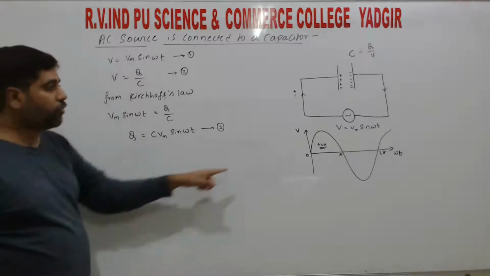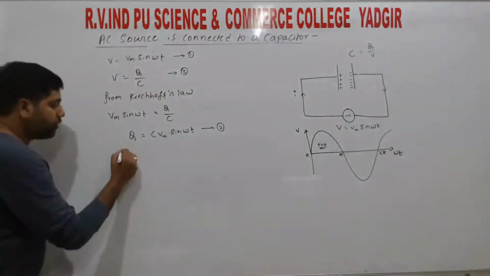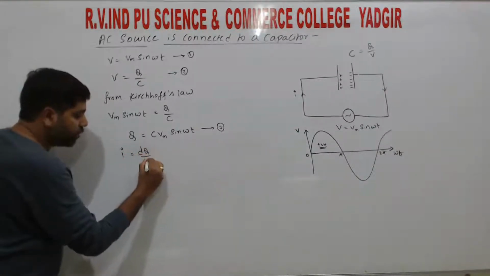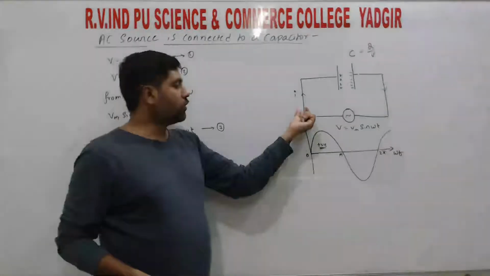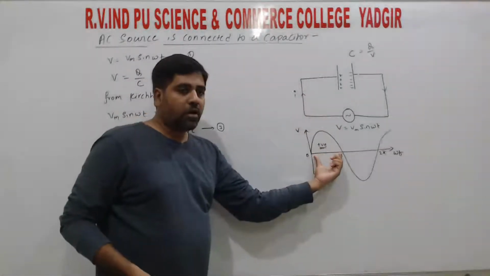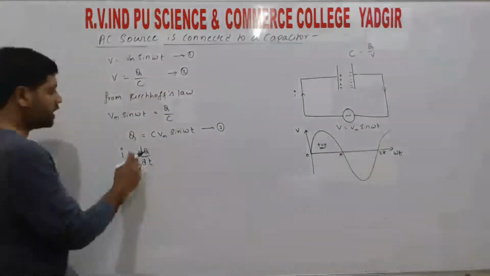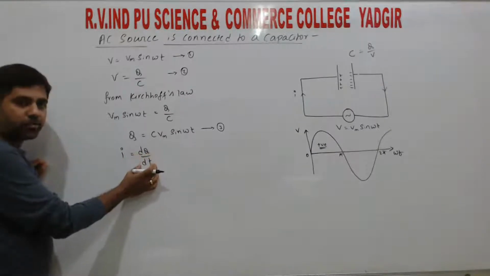Here we are going to find the current flowing in the circuit. From the definition of current, I equals dq divided by dt. That is because only a small amount of charge flows during the positive half cycle and also during the negative half cycle. Hence we take I equals small change in charge with respect to small time.